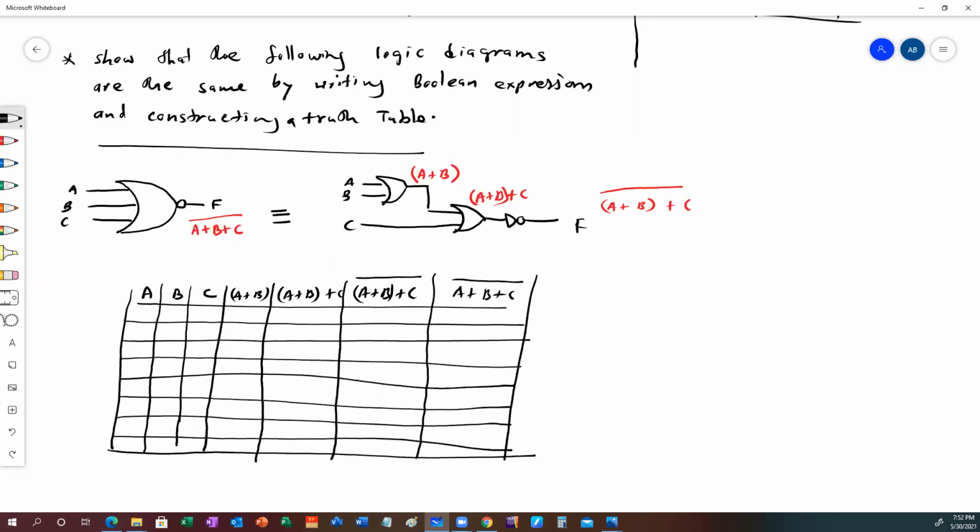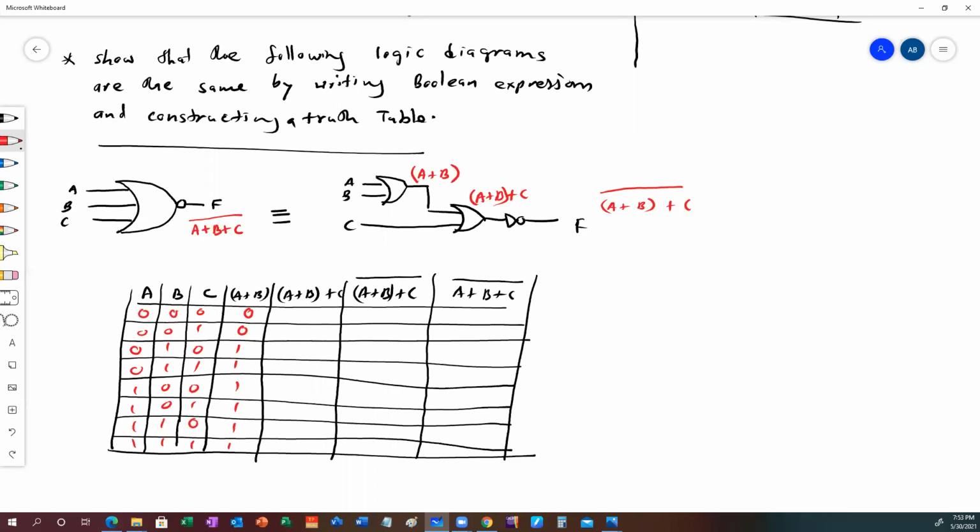Right, okay. 0, 0, 0, 0, 0, 1, 0, 1, 0, 0, 1, 1, 1, 0, 0, 1, 0, 1, 1, 1, 0, 1, 1, 1. Then A OR B, these two, 0, 0, 1, 1, 1, 1, 1, 1.